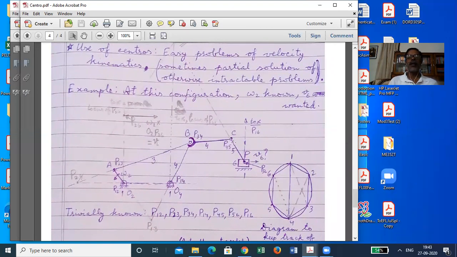And then there is another connecting link, link 5, which is connected to the slider 6, and that is the output link. And our problem is, for this configuration, which we have already drawn, omega 2 is given, that is the input velocity is given, find out V6, that is the output velocity.